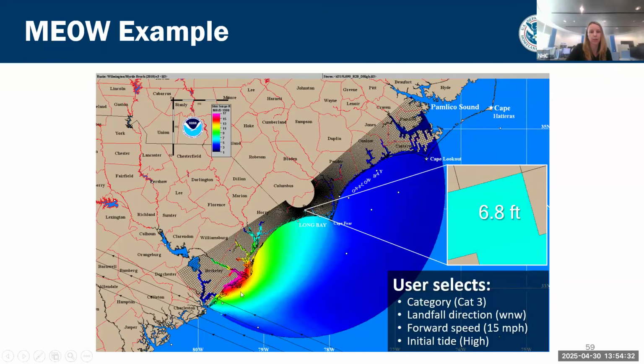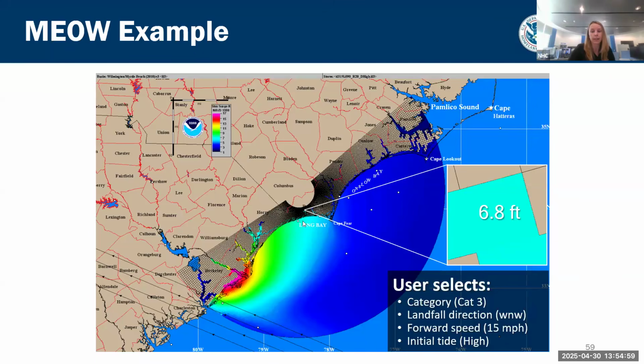And so you'll see that the highest storm surge occurs in that area of strongest onshore winds in that RMW, or radius of maximum wind. So you can imagine that the winds are circulating this way, bringing the highest water right in that eye of the storm. And then the water kind of trails off away from that. But you also get dangerous water levels well away from the eye.